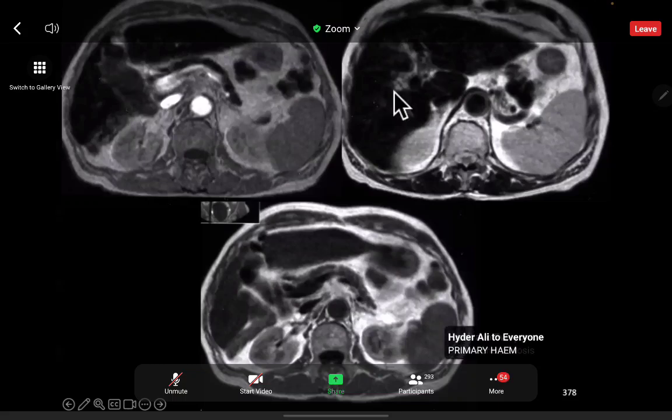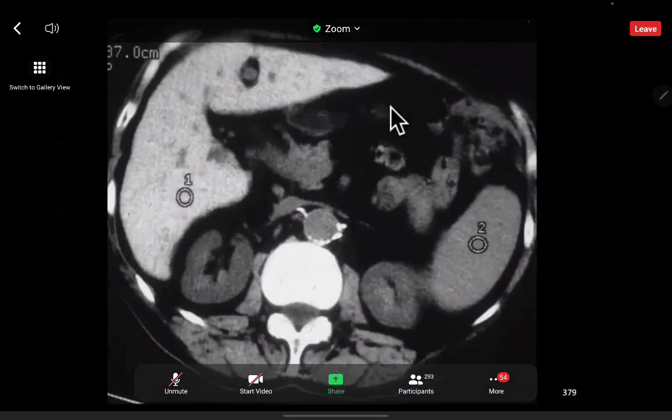And so this is hemochromatosis. Don't forget, you may also get a hepatocellular carcinoma secondary to the hemochromatosis, and that's something to look out for. This is the same patient on CT, unenhanced, and you can see that the liver has a higher density than the spleen because of the iron content in the liver.